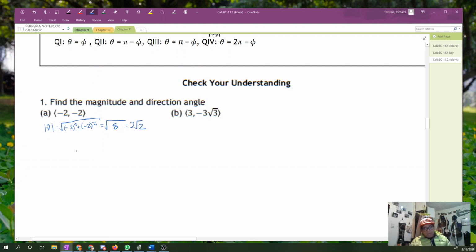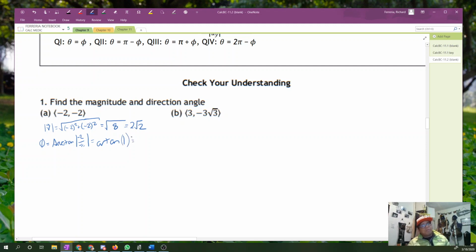And now how about our angle, direction angle? Let's figure out our reference angle first. Phi, that's equal to arctan of -2 over -2, which is equal to the arctan of 1. I noticed that I wrote both of those arctans slightly different. What is the arctangent of 1?